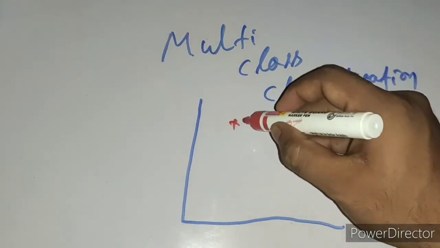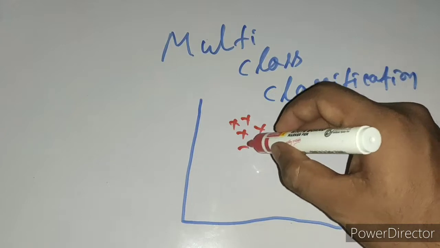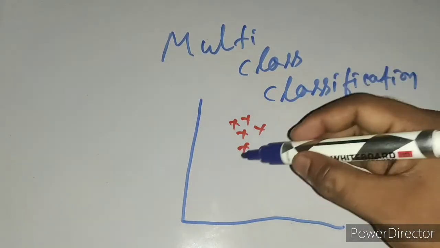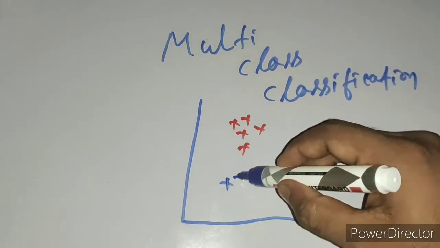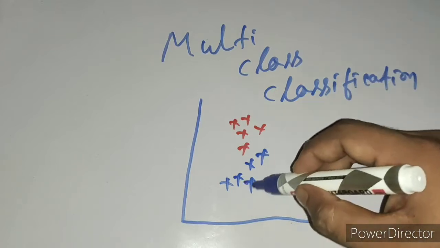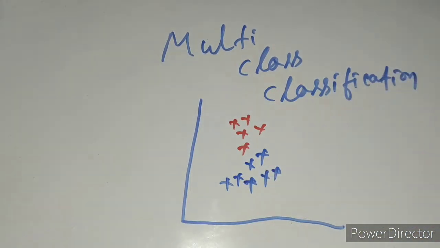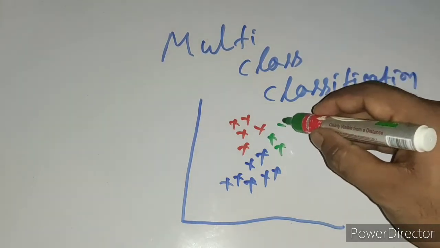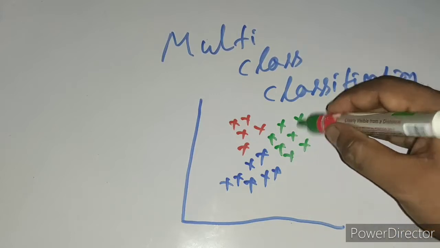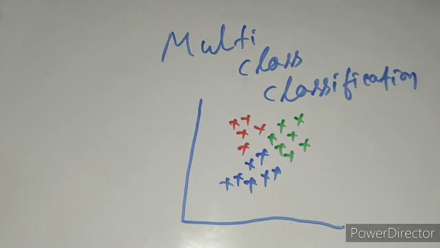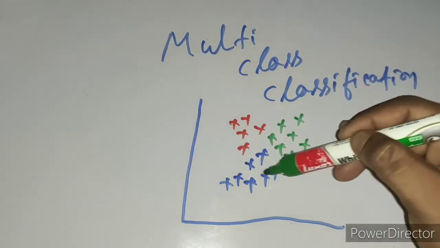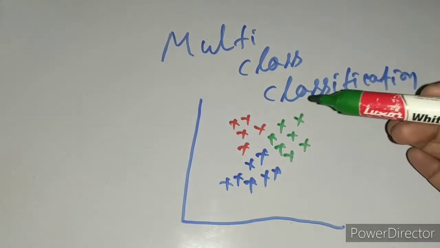Something like this. This is one level, this is one more level, this is another level. So there are three levels present which we need to classify.